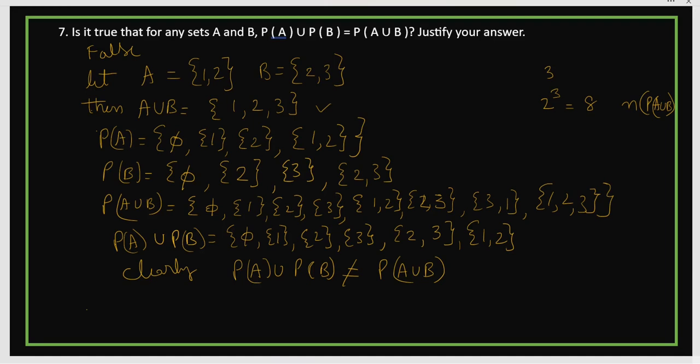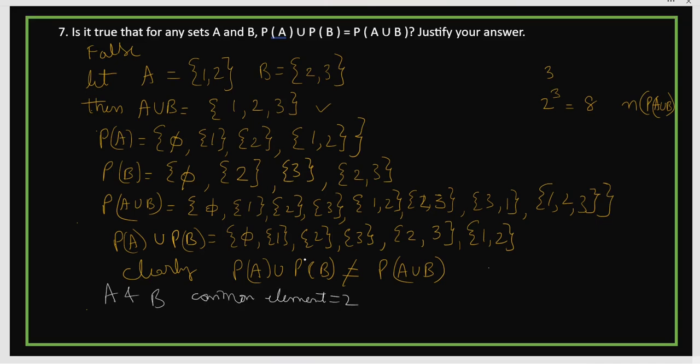The statement is false. The second method is you can use the number of elements of the union and the number of elements of A union B, because here A and B are having a common element. 2 is the common element.